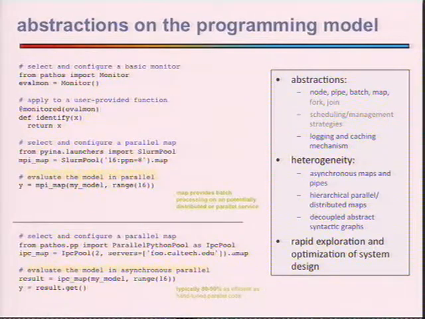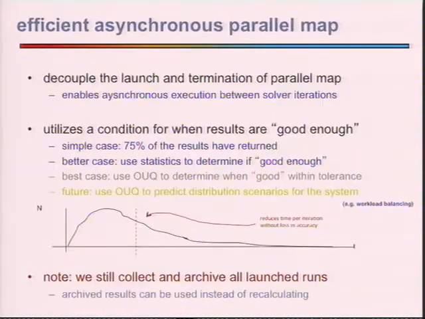So you have heterogeneity and abstractions to do all sorts of design work, and these asynchronous parallel maps. And like I said, I have a simple case for a conditional map. I can say 75% of the results are returned, so stop. I'm working on using statistics to determine if your results are good enough. But I need to do some more abstractions on that.